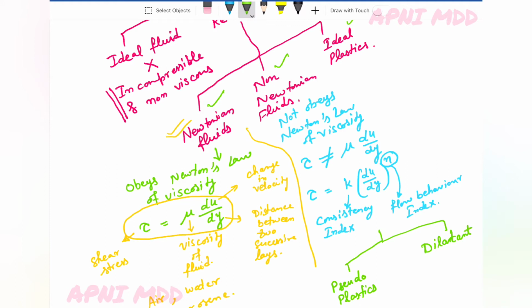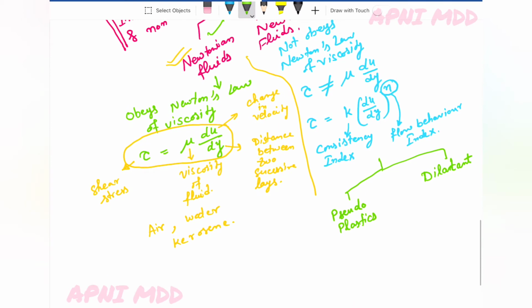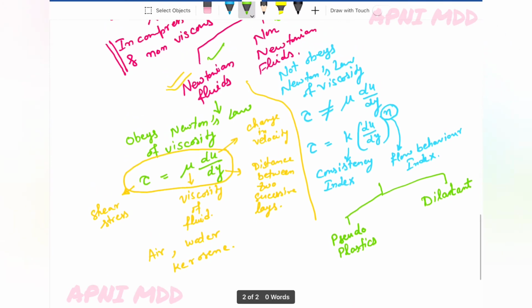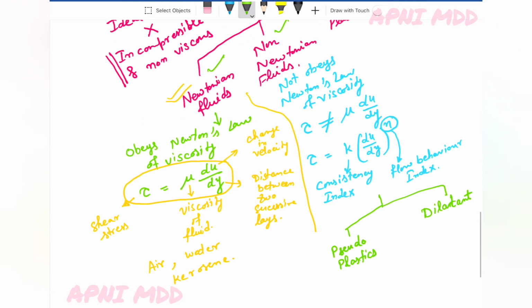So pseudoplastics and the dilatants, these are the two categories of non-Newtonian fluids. The difference is for pseudoplastics n is less than 1 and for dilatants n is greater than 1.